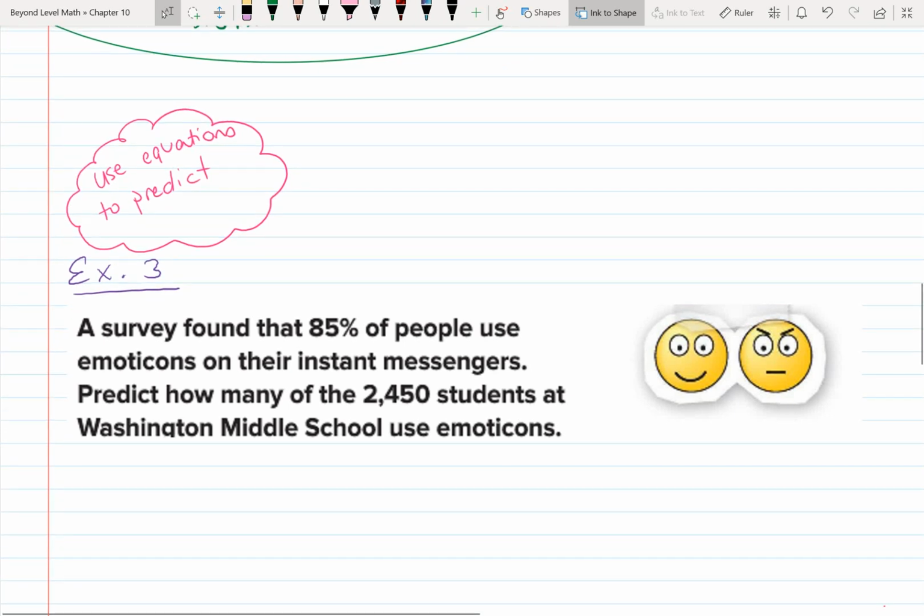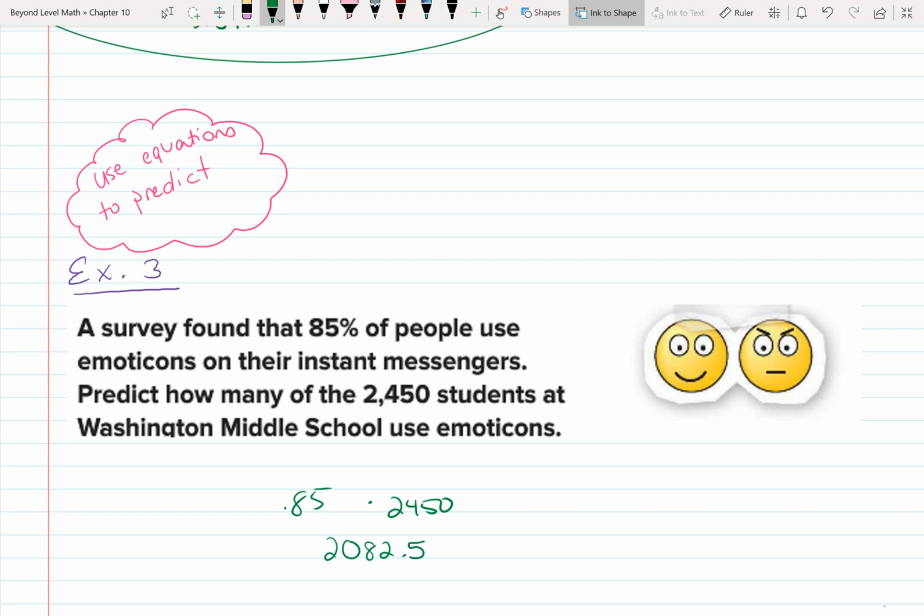So we're going to use what they found in the sample and apply it to the population. So we're going to do 0.85, because when you use a percent, you need to make it a decimal, times 2,450, and we are going to get, let's see, 2,082.5.